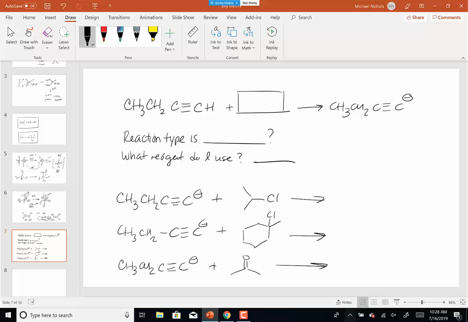Did you get it? This is what I realized. It's on the second page, is where I'm at, using acetylide ions. We did the whole table of bases and stuff.